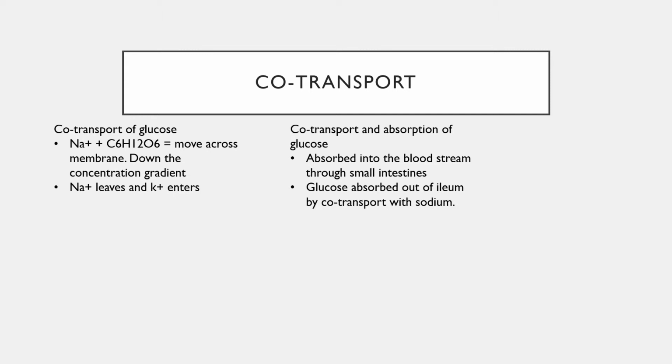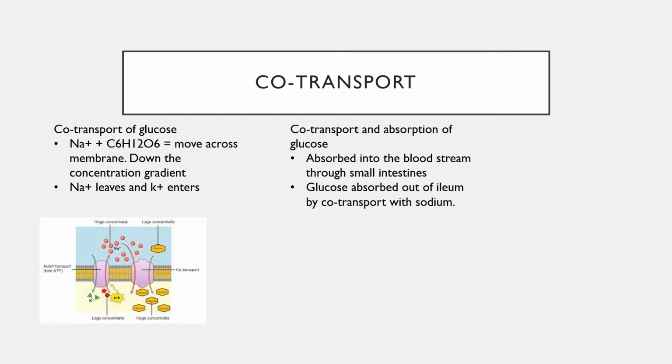So basically, glucose binds with sodium ions. Let me get the diagram up so you can see what I'm talking about. So we have the sodium ions, and they bind with the glucose.